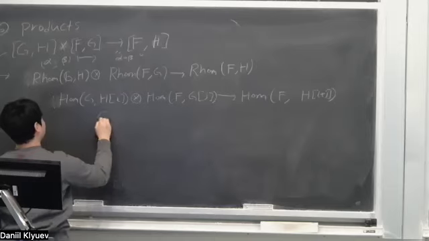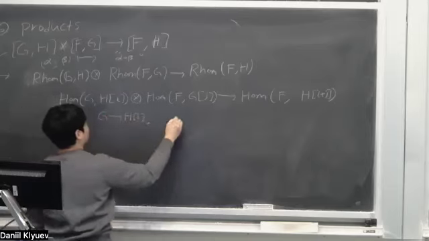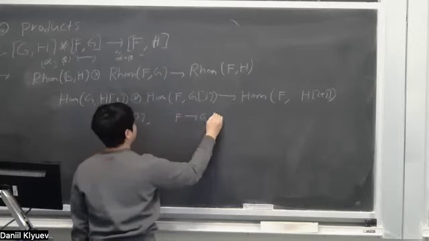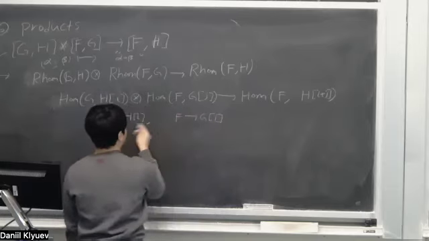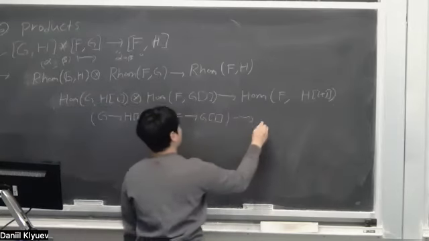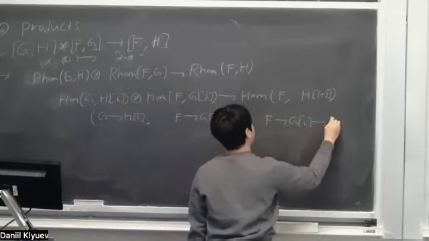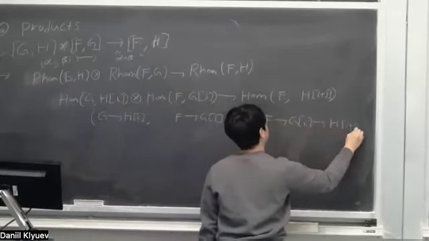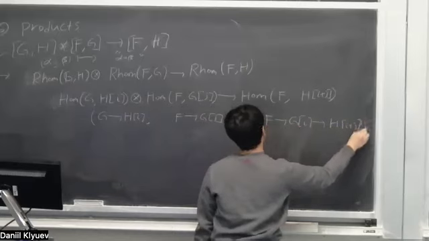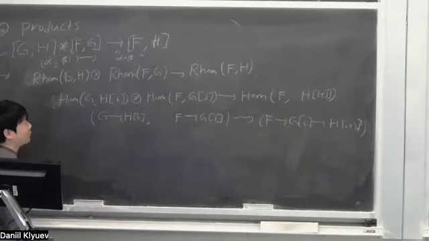If we have g to h[i] and f to g[j], then we can compose these two. We have f to h[i+j]. We will call these kinds of products for compositions unit product.